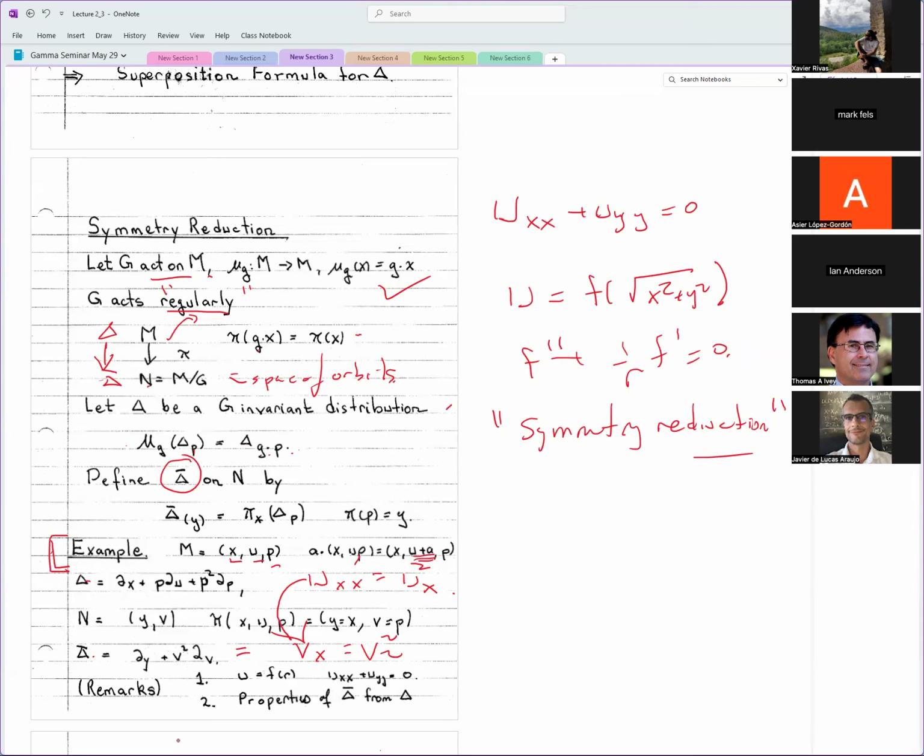But my colleagues prefer to call this method group invariant solutions. Group invariant solutions are solutions which are invariant under a group. The symmetry reduction that we're talking about today is not the same as this. It's something completely different; they're at extreme versions different of each other. Okay, so that's remark number one.